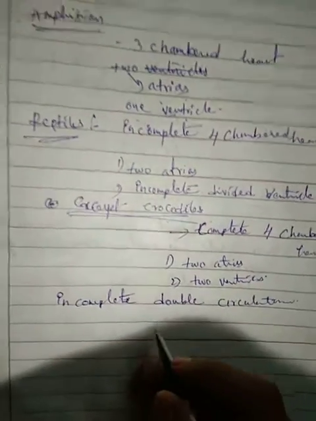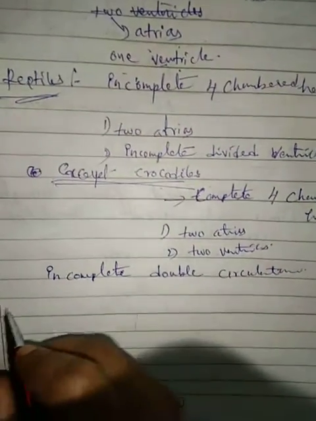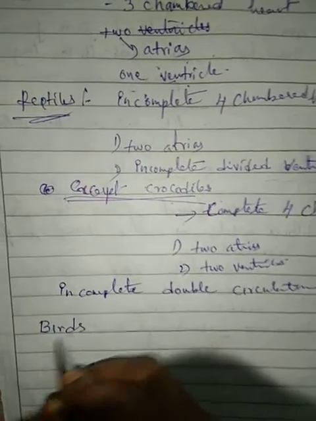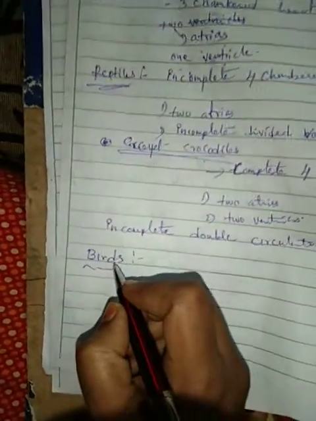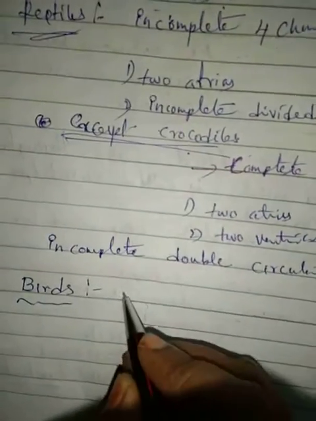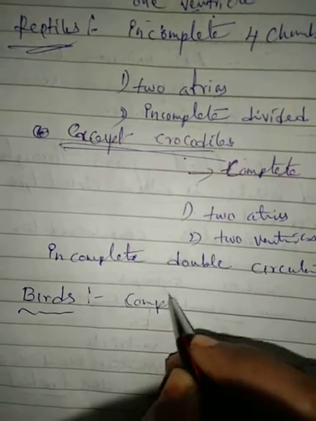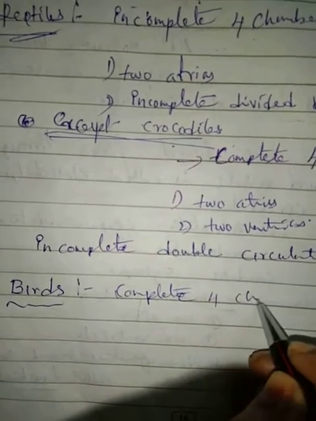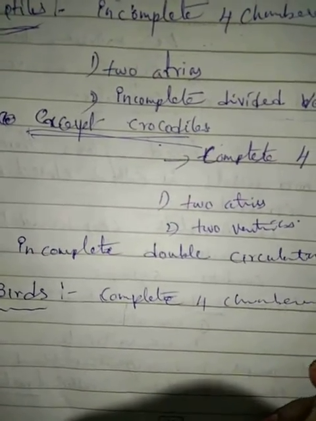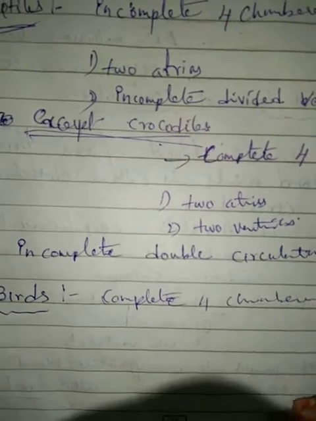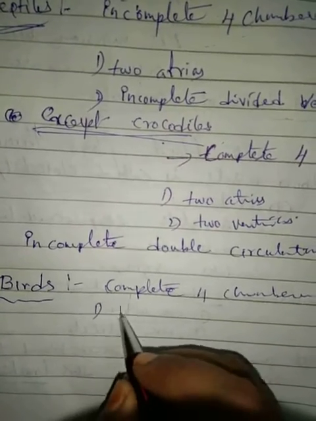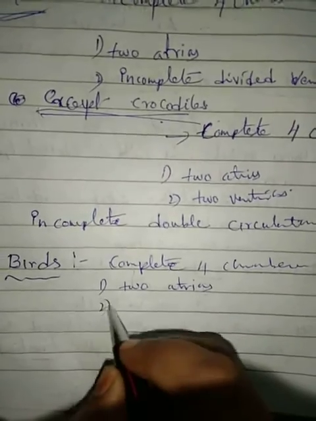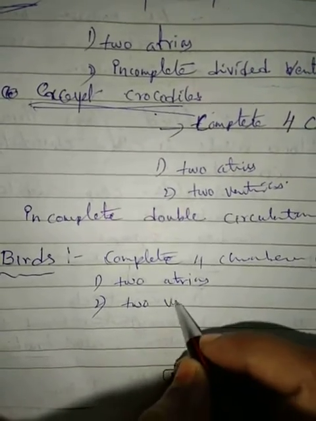And next one, birds. Birds have a complete four-chambered heart, two atria and two ventricles.